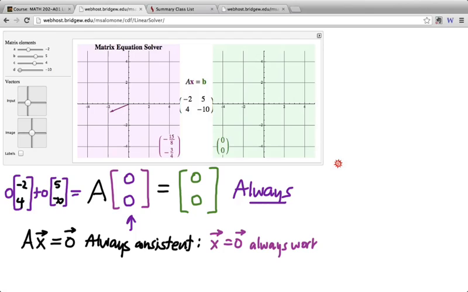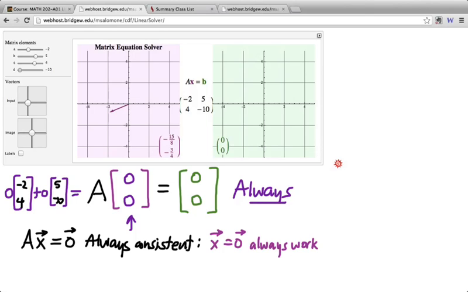But then the question that I posed to your group, in question number 2, was: are there other solutions to AX equals 0? In the case of your 4x3 matrix or something that you were working with. But maybe let's think of our 2x2 example up here. Are there other solutions to this AX equals 0?